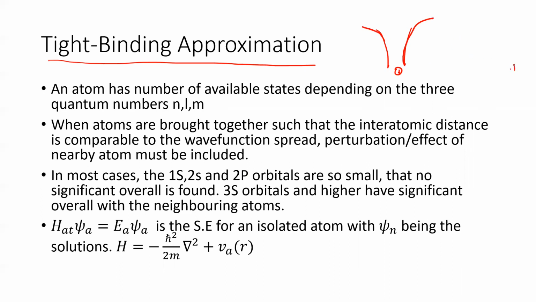And if you bring another atom close by, each of these atoms have energy levels. Let's say call this 1s, 2s, 2p. Right? So basically, let's say 1s is like this, 2s is like this, and let's say 2p is something of this. Right? Each of these two atoms have this.